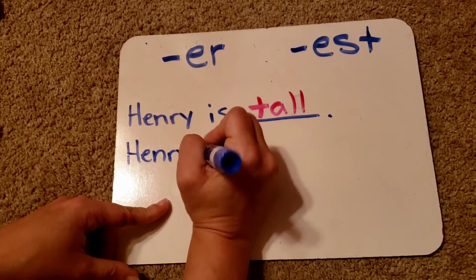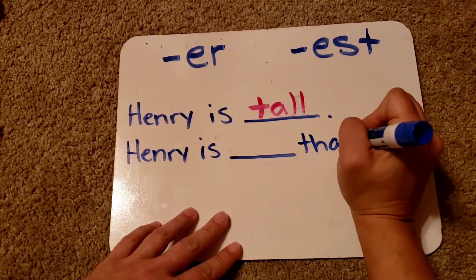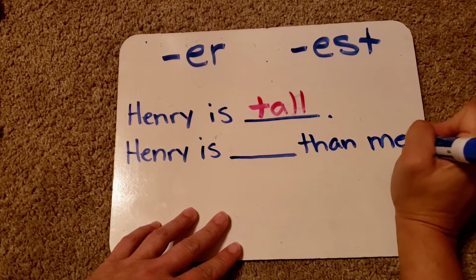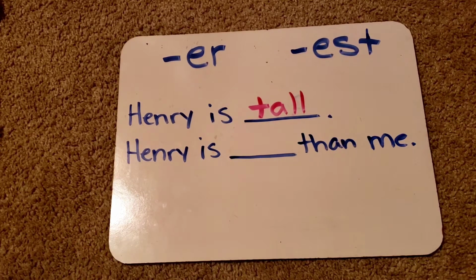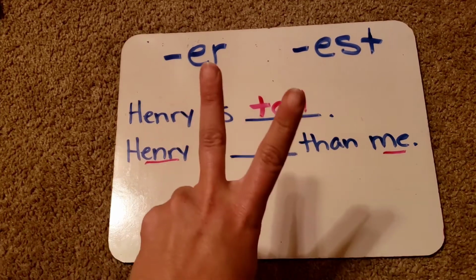And now we can say Henry is blank than me. So now, I want to use tall, but saying Henry is tall than me is just weird. So we're talking about Henry, and we're comparing him with who? Me. That's two people.